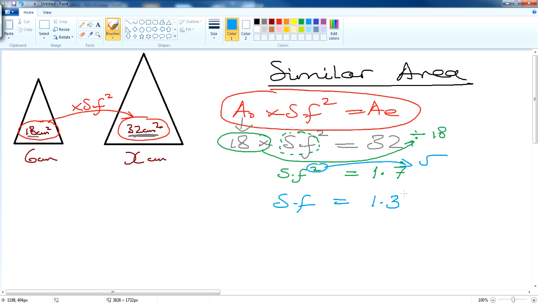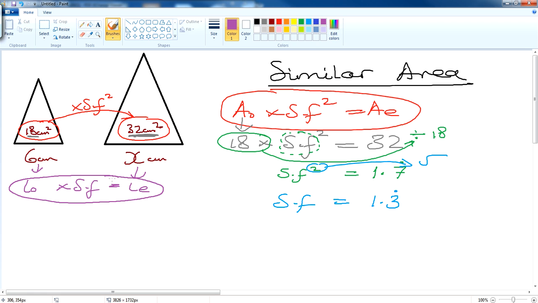Okay. So the scale factor by looking at the corresponding areas is given as 1.3 recurring. Now we are in the position to work out the length. Remember, we have here length original times by the scale factor will give us the length enlarged.